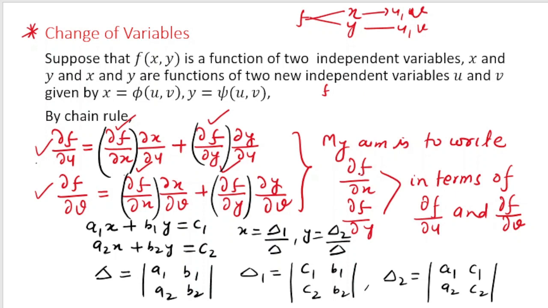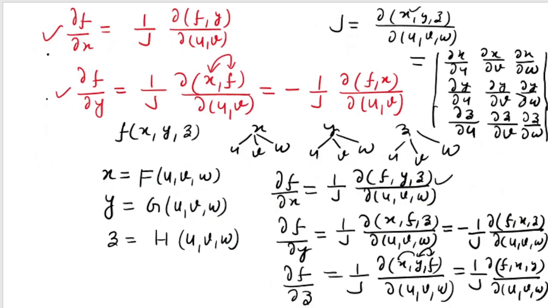I have shown how to write ∂f/∂x in terms of ∂f/∂u and ∂f/∂v, and for that we already have our formula. Please note it down: ∂f/∂x is 1/J ∂(f,y)/∂(u,v), and ∂f/∂y is minus 1/J ∂(f,x)/∂(u,v).